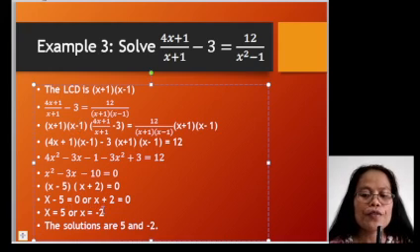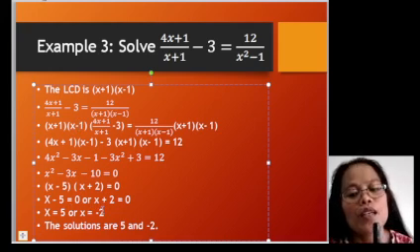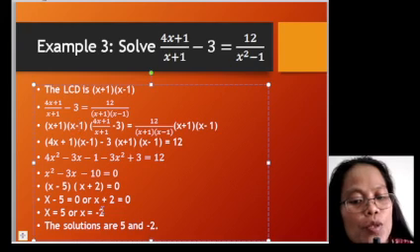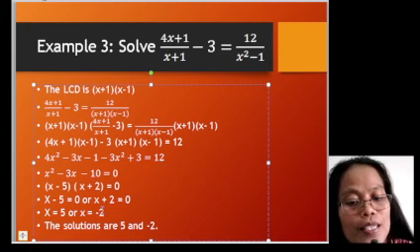For the other factor, x plus 2 equals 0, and we need to subtract 2 from both sides. So x plus 2 minus 2 is x, and 0 minus 2 is negative 2. So the solutions are 5 and negative 2, and those are the values of x there.